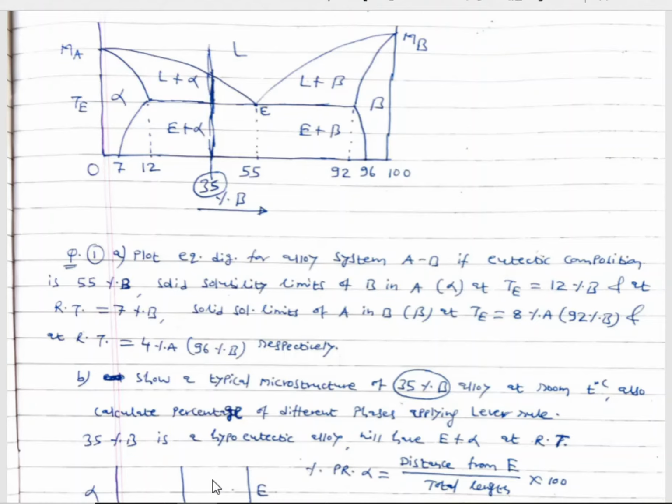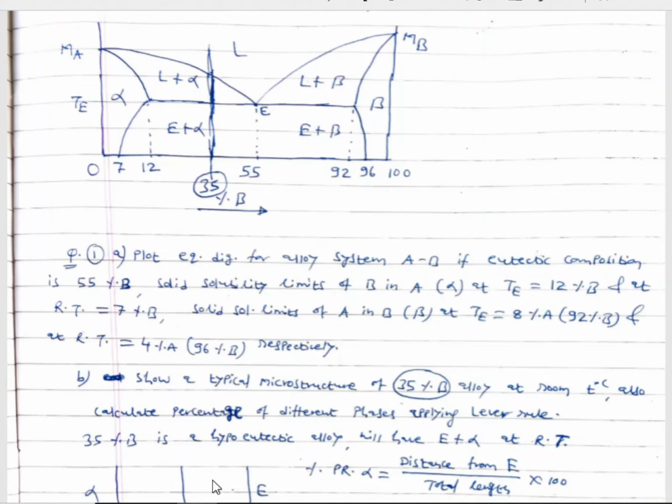And as we know, if you slowly cool the 35% B alloy from its liquidus temperature, it will belong to the MAE curve, the liquidus curve. So just below this point, a little amount of alpha will start to come out of the liquid, and this process of alpha coming out will continue between the liquidus point and TE, the eutectic temperature.